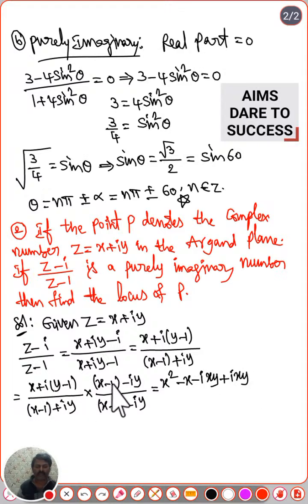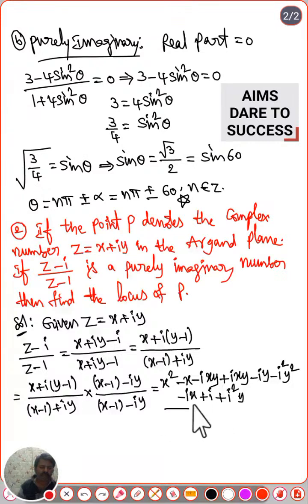Next plus iy into minus 1, and plus iy into minus iy is minus i square y square. So next, minus i into x is minus ix. Minus i into minus 1 is plus i. Next minus i into minus iy, minus into minus is plus i square y.